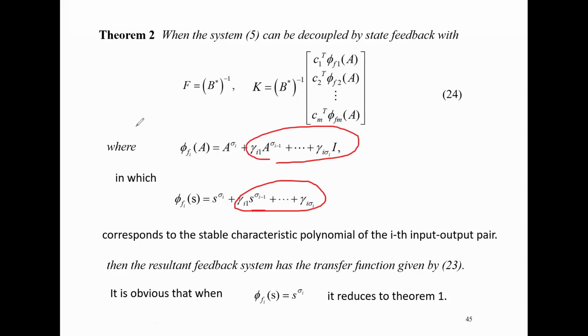So this one covers the previous one. If we put all of them as 0, how do you compute those a to the power of sigma i? That corresponds to this term. This term will be C1 times a to the power of sigma 1. The second term will be C2 times a to the power of sigma 2.